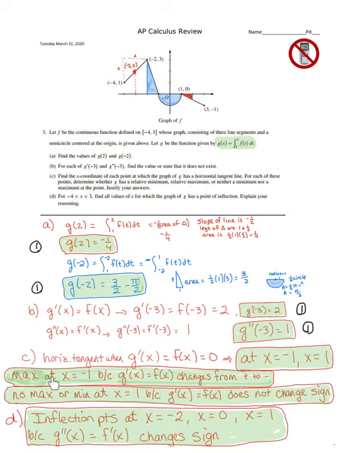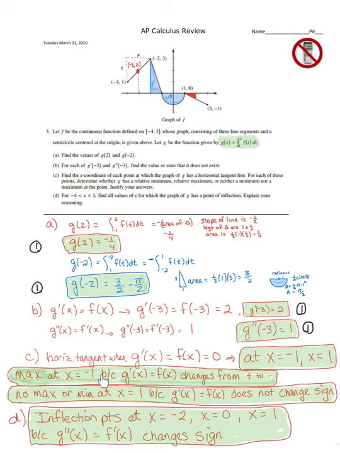Is it a max, a min, or neither? We know there's a max at -1 because g prime, which is equal to f, changes from positive to negative right here at -1. And that's the only one, because at +1 it doesn't change sign. So the only max is at x equals -1; there's no max or min at x equals +1 because g prime does not change sign.